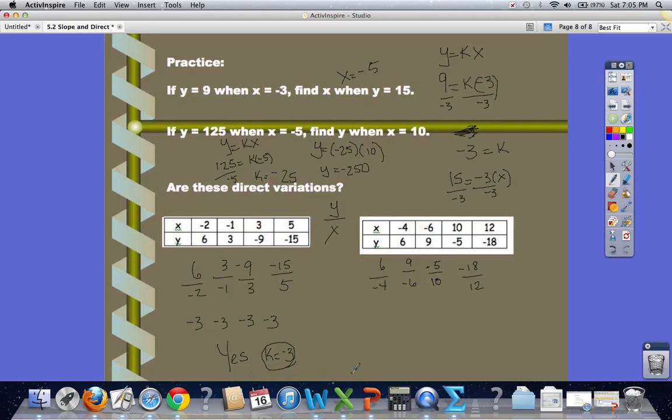Or really you can compare decimals, it doesn't really matter. I'll write the decimal if you want to see the decimal. 9 divided by negative 6, negative 1.5, negative 5 divided by 10. Oh, that's negative 0.5. All right, we already have a difference, so this would be a no. We can stop right there. We don't have to go any further. It has to be all the way across for it to be a direct variation.